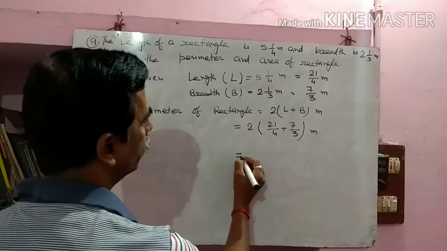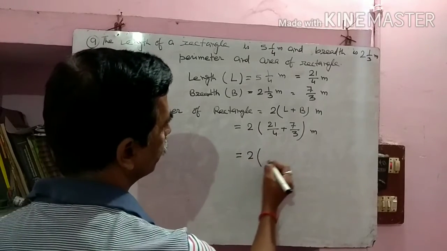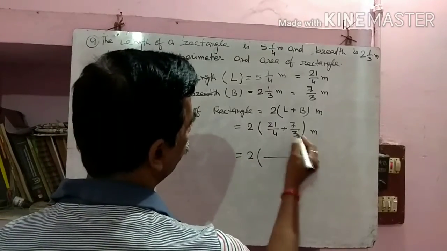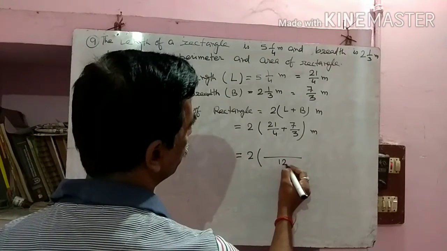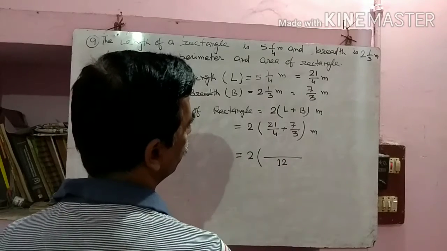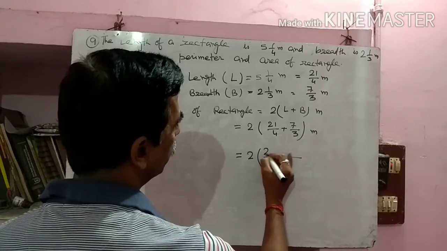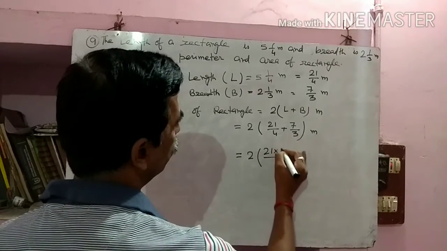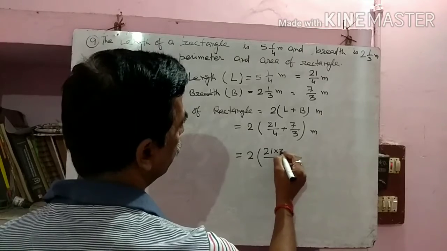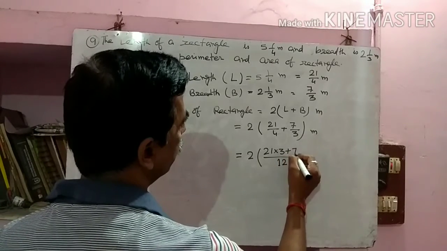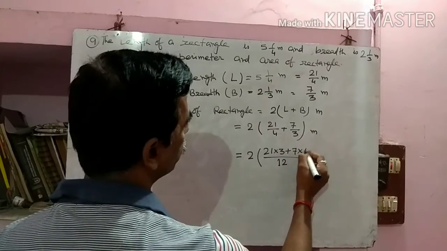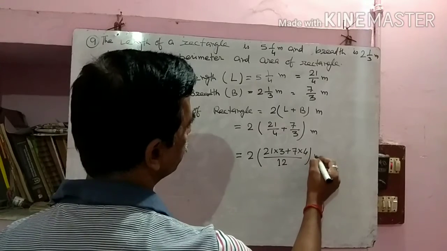Then what will we get? The LCM of 4 and 3 is 12. So it becomes 21 into 3 by 12 plus 7 into 4 by 12, this much meter.